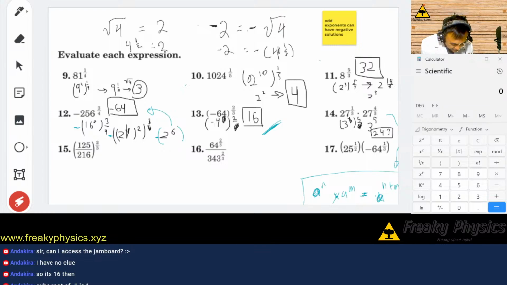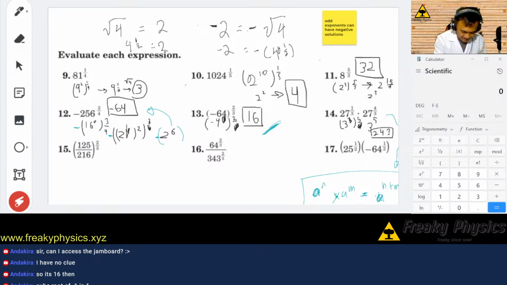Okay. So you remember the clue I gave you about expressing in terms of the denominator? That's gonna be really helpful for 15. Okay, you're lost.